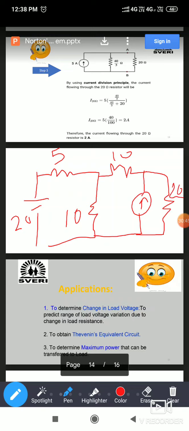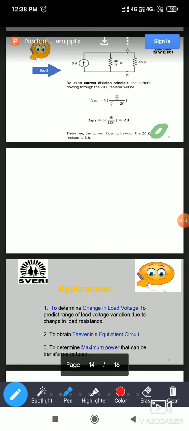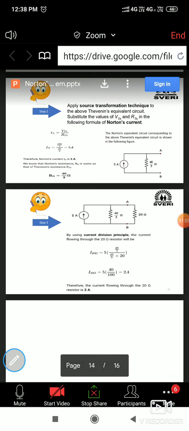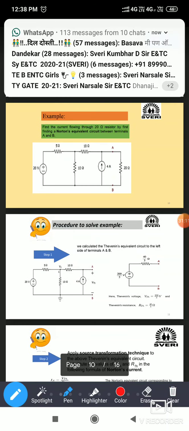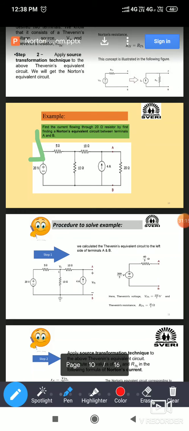Now here what you have to do, while finding the short circuit current, you have to... Here, in this diagram only, I will explain.